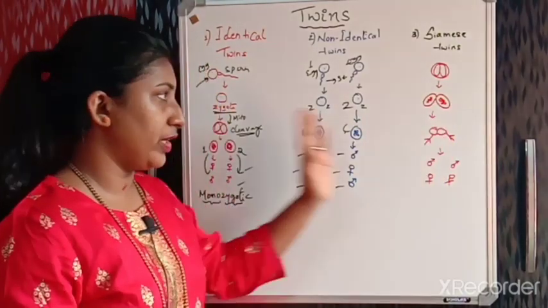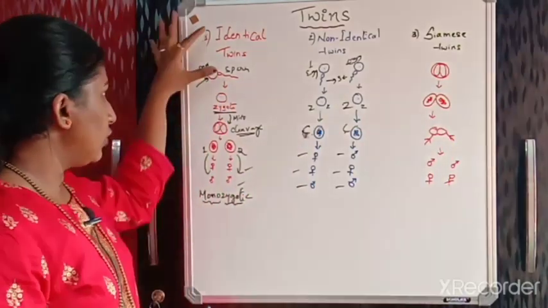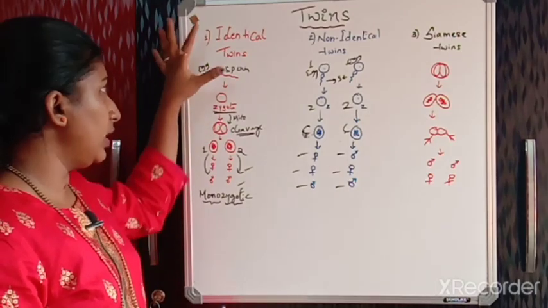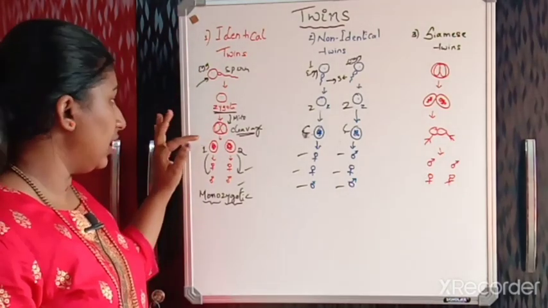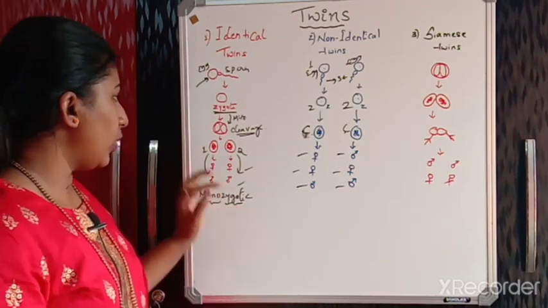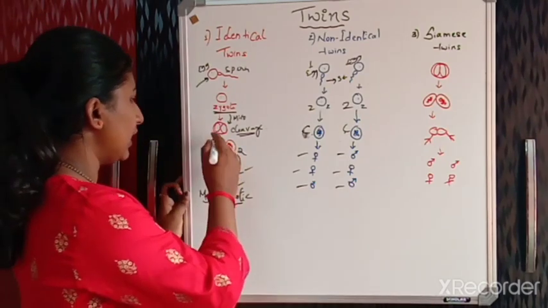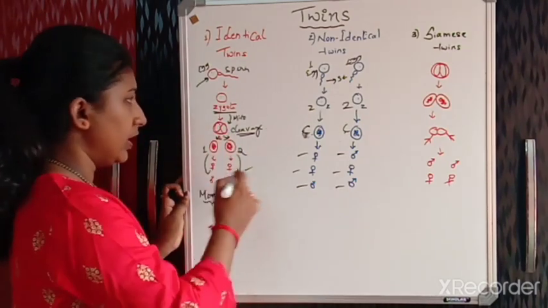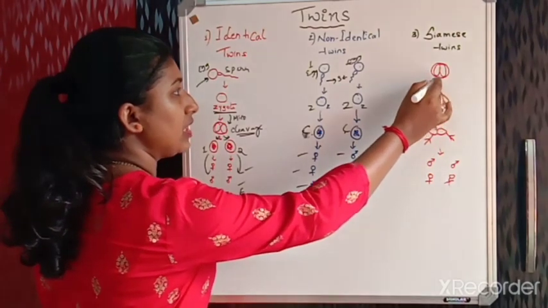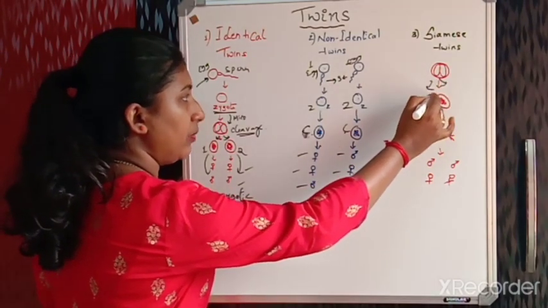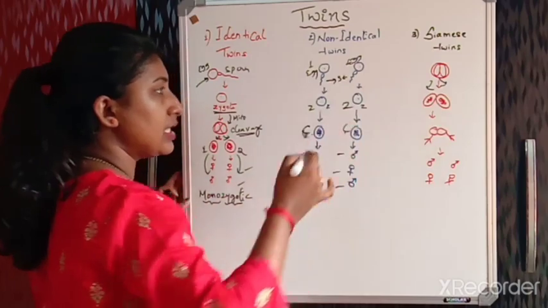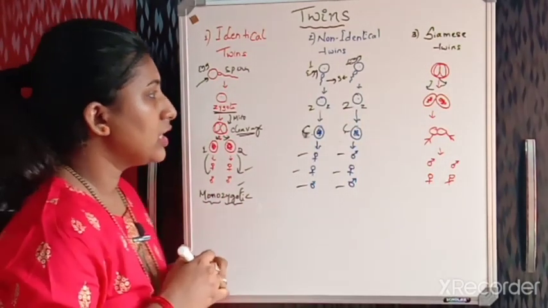That is the difference between these two. From here to here it is a normal identical twin, but during splitting, instead of complete separation, there will be partial separation or partial splitting.